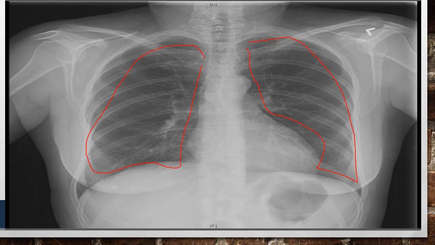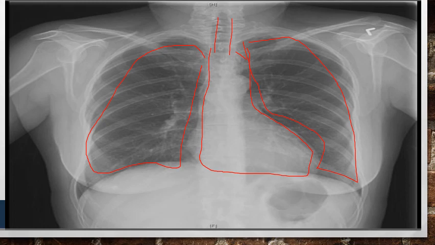You know that the medial aspect of the left lung is obliterated by the cardiac shadow. This is the cardiac shadow. This is the trachea. The radiolucent part in front of the vertebral column is called the trachea.